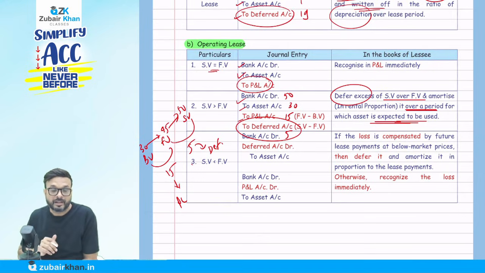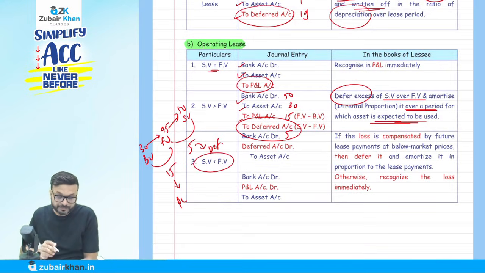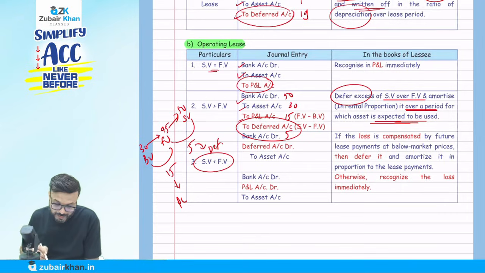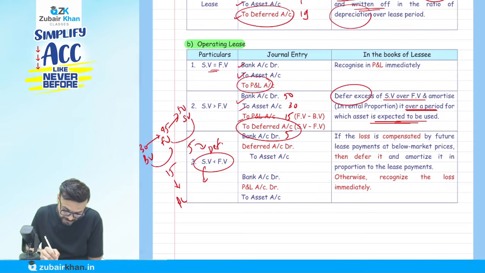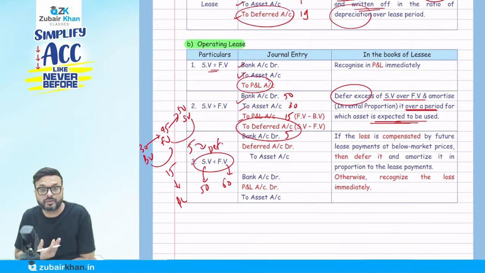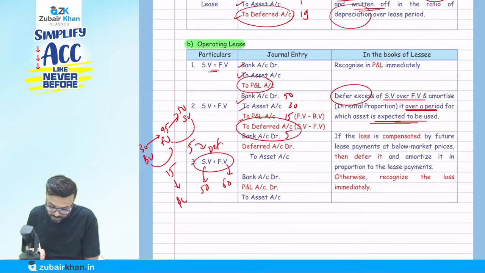The rental. Now, if the sale value is less than the fair value, suppose the sale value is 50 and the fair value is coming 60. So what should we do here? They say the bank account should be debited. So how much amount do we receive?